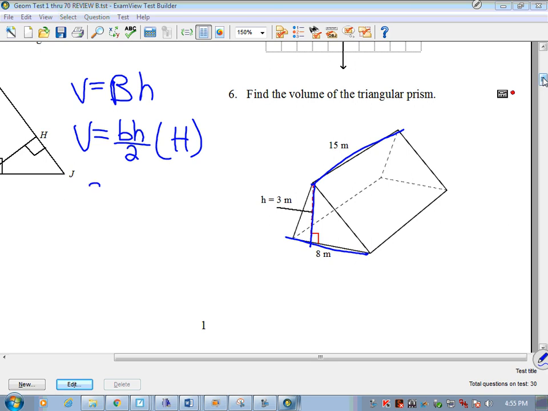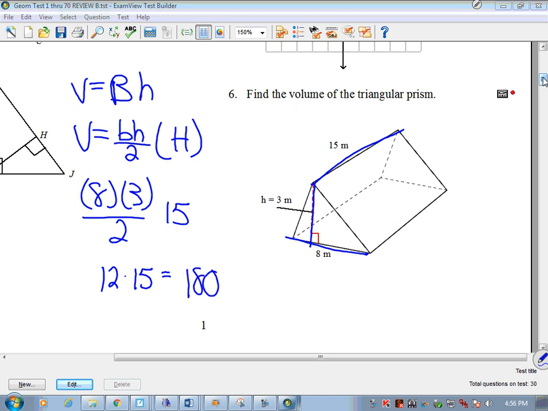So we have 8 times 3 divided by 2 times 15. Well, 8 times 3 is 24. 24 divided by 2 is 12. 12 times 15. I want to double check here. Let's see, 12 times 15. I should get 180 meters cubed because we're looking for volume. So that's our volume of our triangular prism.